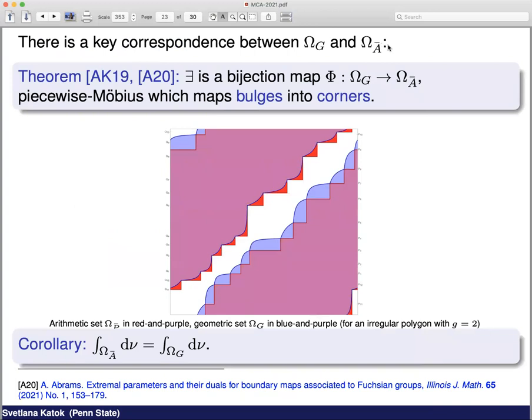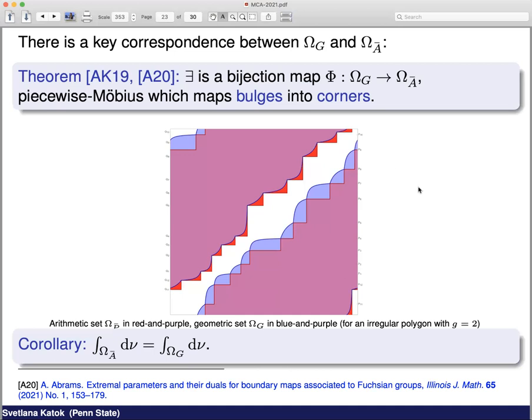The key correspondence between these two domains is the following, and it's clear from this picture. Well, I don't know if it's clear. There exists a bijection between them, which is piecewise Möbius, and which maps these bulges, these guys, into corners, these red things. It is the identity everywhere else. We proved it for short cycles. Adler and Flato proved it for P.